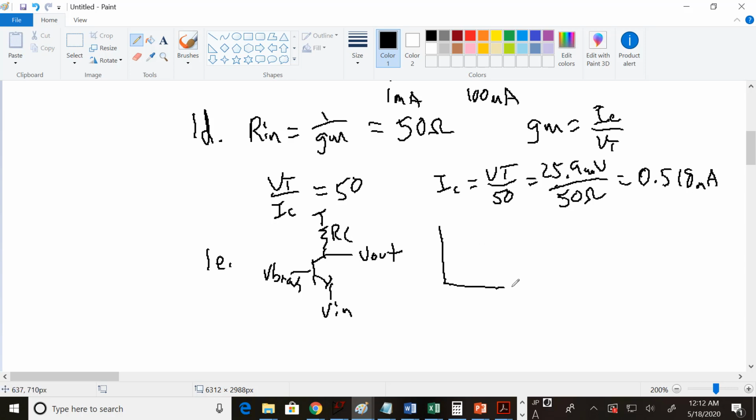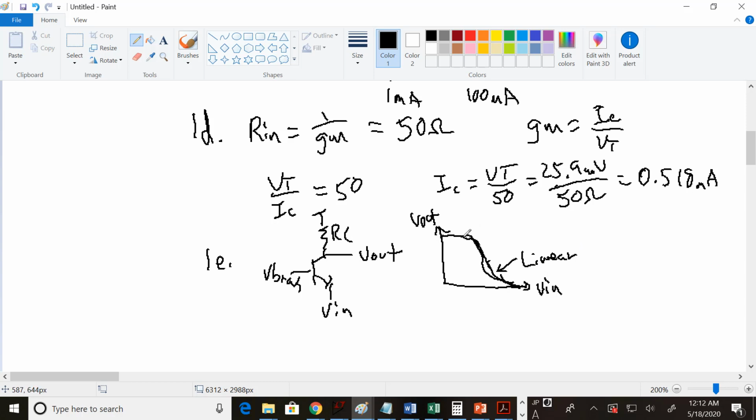And if you look at the VTC, what happens is it's high, it comes down, and then it kind of flattens out. This is where your transistor is going into linear. Where the graph starts to flatten out, it's gone into linear, and all of a sudden your gain is reduced by a lot.